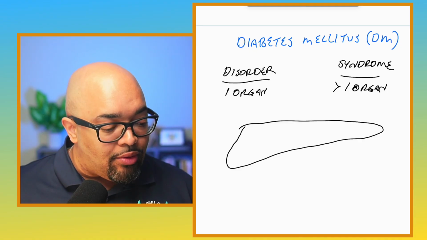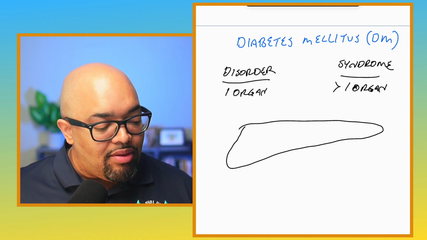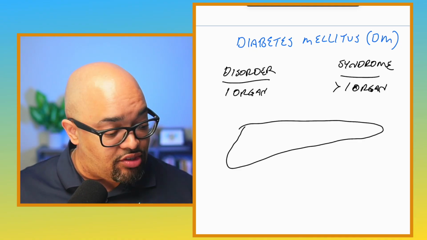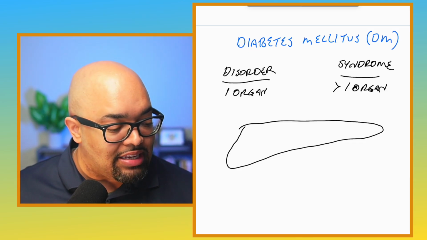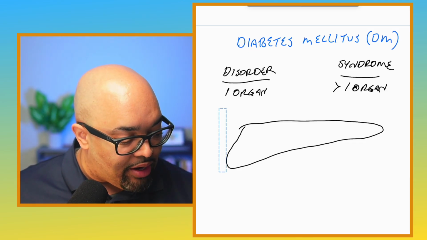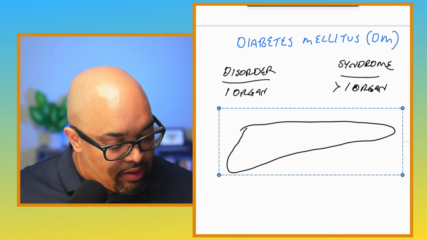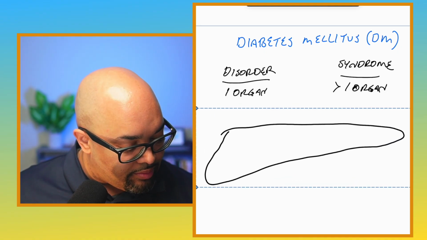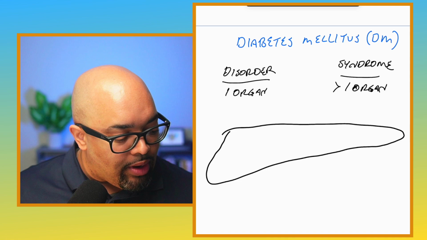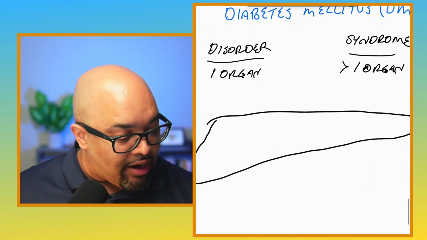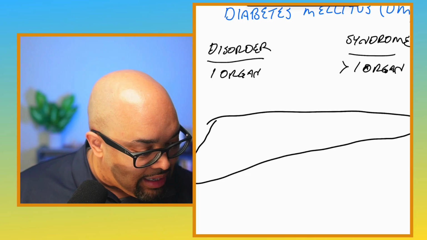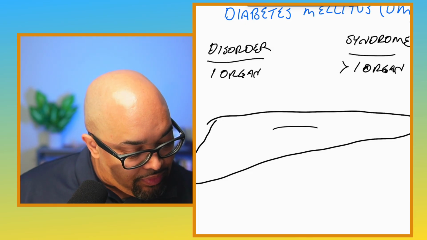So when we look at the pancreas, we have the head of the pancreas, we have the tail of the pancreas, and so forth. Now, I want to zoom in on the pancreas for a moment. In fact, let's make this a little bit bigger. In fact, I'm going to label it a little bit better.